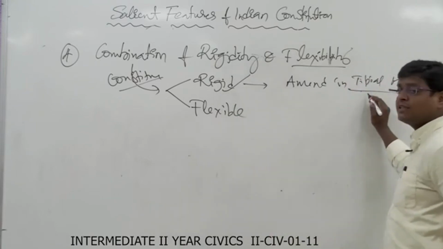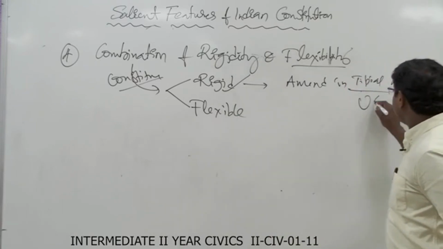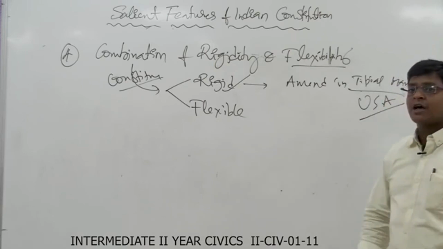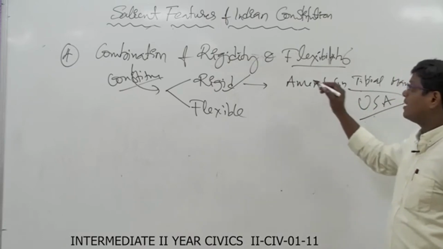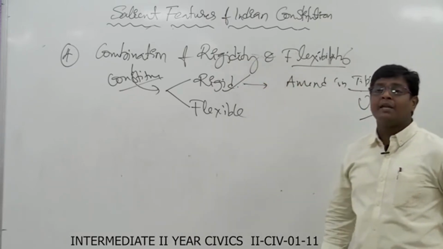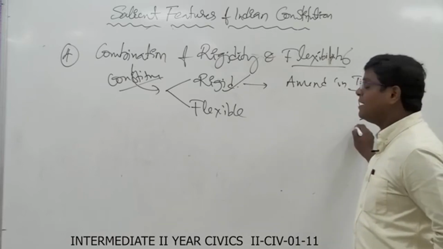The best example of a rigid constitution is the USA Constitution, the United States of America. It is the best example of a rigid constitution because the American Constitution cannot be amended easily.